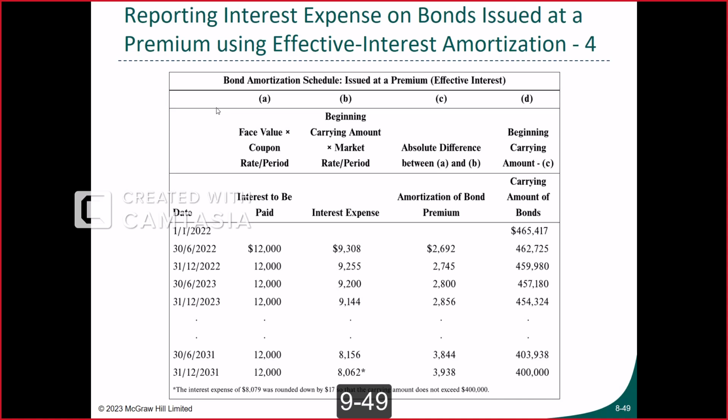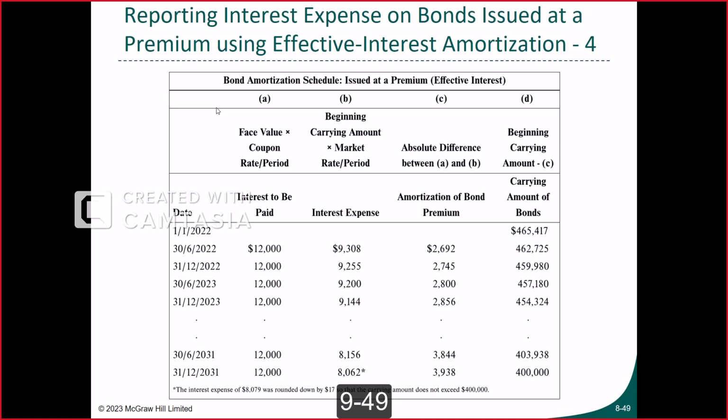How do we amortize that premium? That premium should be amortized using the effective interest method, which is simply the difference between the cash amount of interest and the interest expense. First time, 12,000 minus 9,308, that is 2,692. That is the amortization of the premium that will be subtracted from the carrying value of the bonds, and we get an updated carrying value of $462,000.